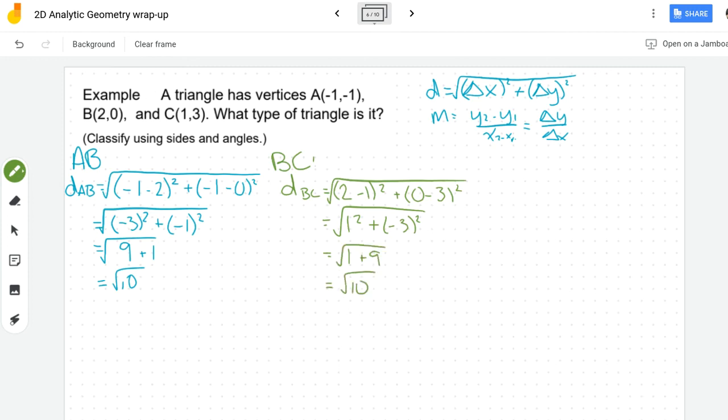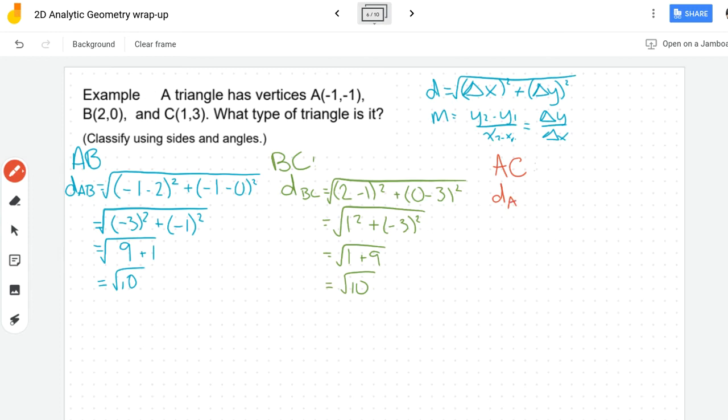So we have two sides that are the same, which means it's not a scalene triangle, so it's either isosceles or equilateral. And a third color. So side AC is the one we haven't done yet.